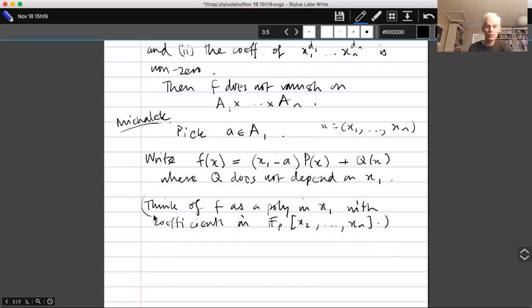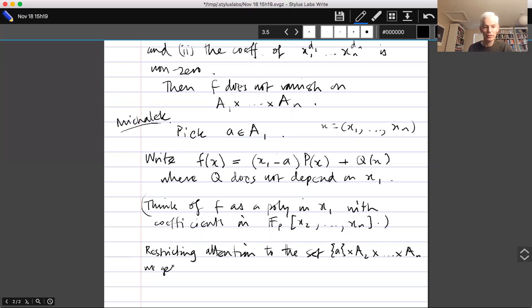Now, let's just restrict attention to the set {a} cross A2 cross up to An. What do we find? We get that f equals q on that set, just because the x1 minus a term disappears.